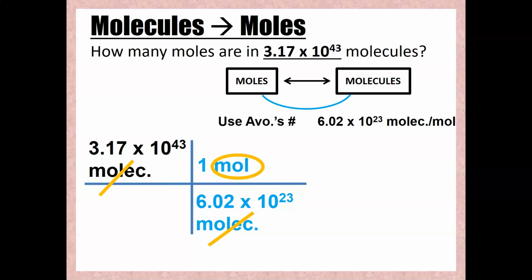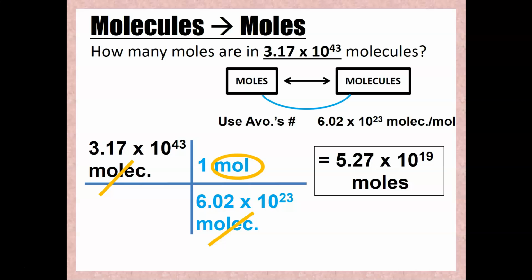If you do this correctly and you use the parentheses correctly, this is the number you will get. You have to make sure that you put parentheses on the bottom of that fraction to keep your scientific notation on the bottom. If you're not careful in your calculator, it's going to get confused and it's going to think this times 10 to the 23rd should be on the top, which is not correct. We don't want that.